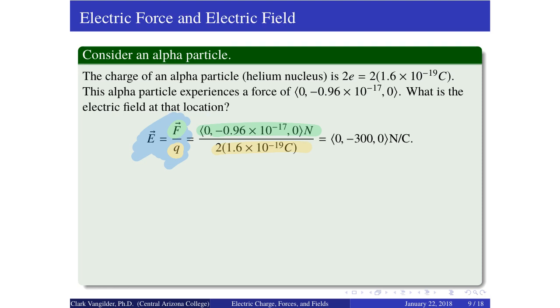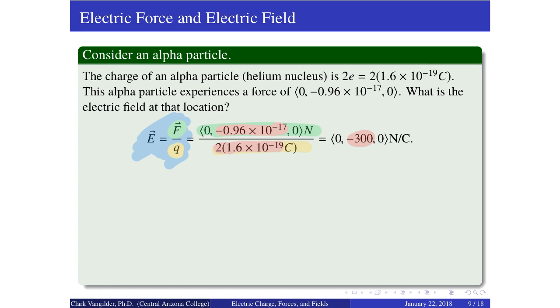And the x and the y parts are going to stay 0 because 0 divided by anything is still 0. But this number divided by that product is going to bust out to 300, or minus 300. And the electric field is newtons per coulomb.